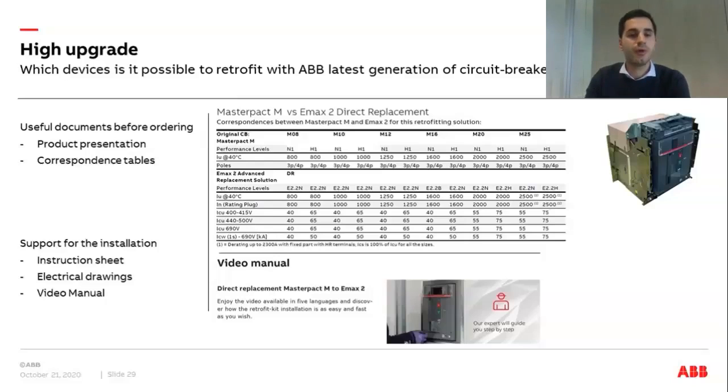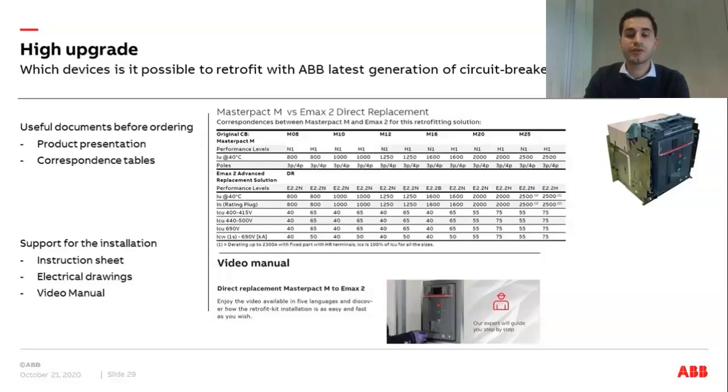For example, here on the right, there is a screenshot of a brochure of direct replacement Masterpact to MX2. And you can see that according to the version of Masterpact that you want to upgrade, you can choose the right version of retrofitting, and you can also have a look at the performances.